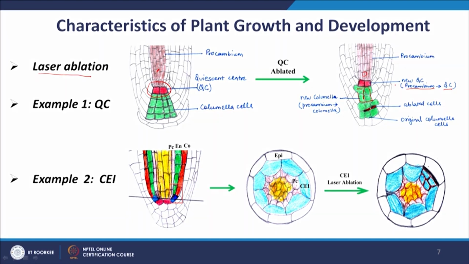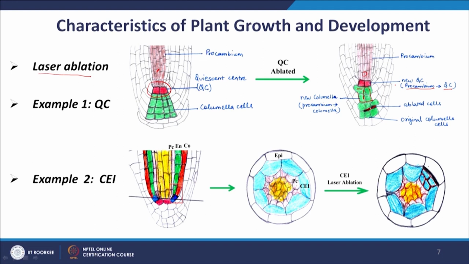This tells us that the information is not lineage dependent. The new QC or new columella are taking a new fate depending on their position, not on what their initial programming or information was.